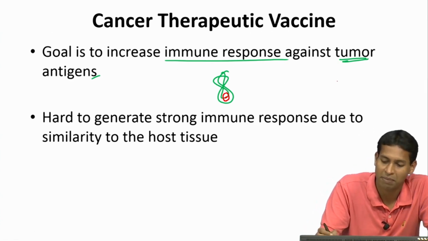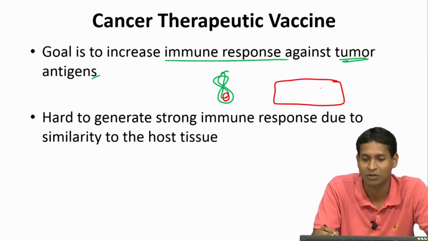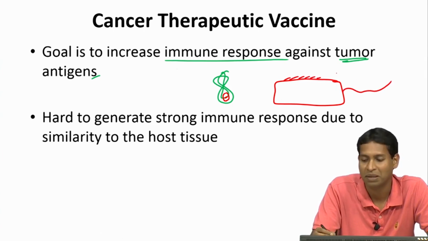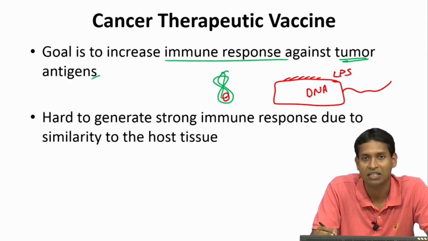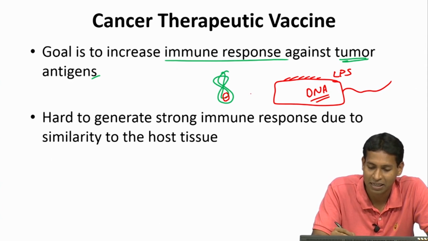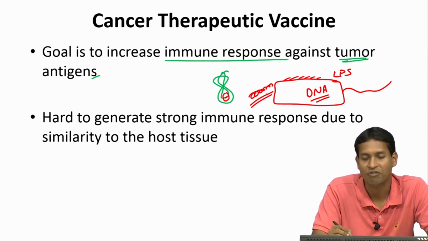Because when you are talking about a bacterial cell coming in, we had talked about how there are so many different innate immune pathways going up. The innate cells are recognizing the patterns, maybe the flagella, maybe the LPS, maybe the DNA, the CpG islands and all. So, all of this was a very good activator of the immune response, and not only that, the proteins that these bacterial cells are secreting, let us say if they are secreting a protein, this protein was completely foreign.